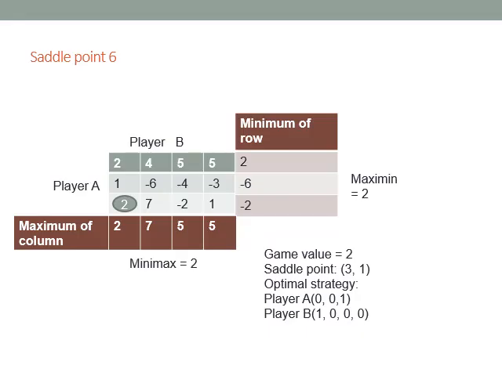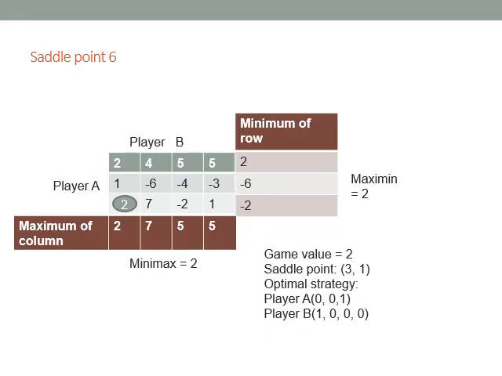2 is the least value of row 1, negative 6 is the least value of row 2, and negative 2 is the least value of row 3. The maximum of these 3 values is 2, because 2 is more than negative 6 and more than negative 2.